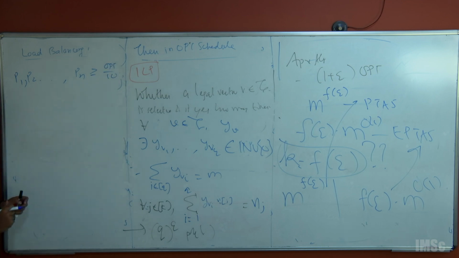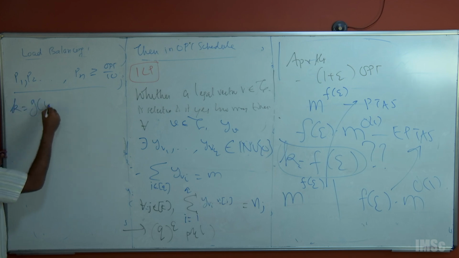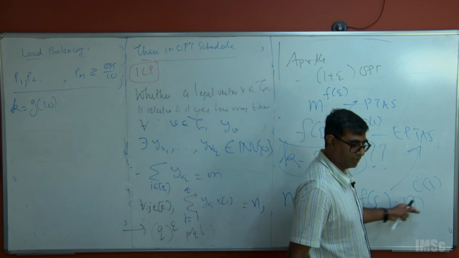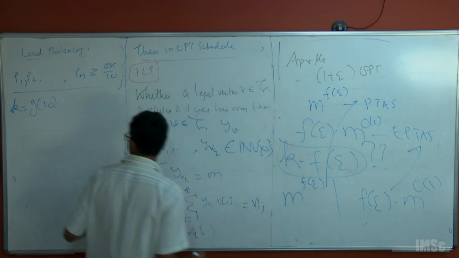This is all we know, this is the setting we are in. I'm only trying to make a 1 plus 1 by 10 algorithm. So if I show that the number of types k is some g of epsilon, I'm happy, no? Then all are done, because then I have a pure polynomial time algorithm, which I made, f of g of epsilon, and I'm done.